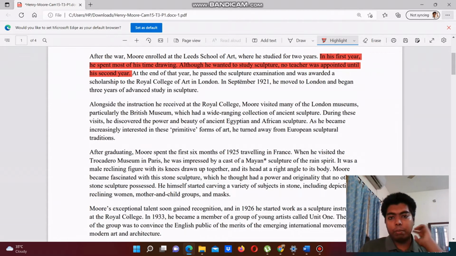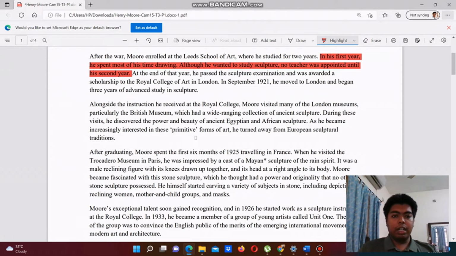At the end of the course he passed the sculpture examination and was awarded a scholarship to the Royal College of Art in London in 1921. Alongside the instruction he received at the Royal College, Moore visited many of the London museums, particularly the British Museum, which had a wide-ranging collection of ancient sculpture. During these visits, he discovered the power and beauty of ancient Egyptian culture.